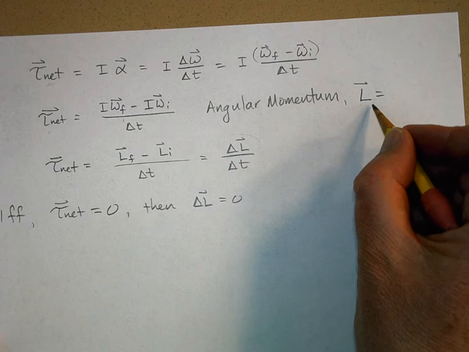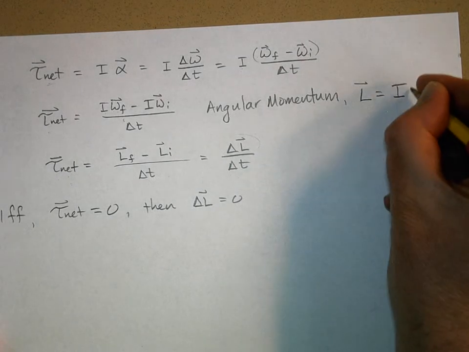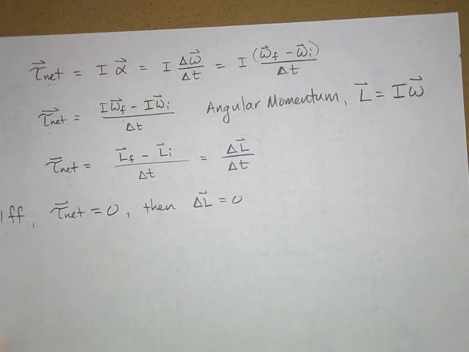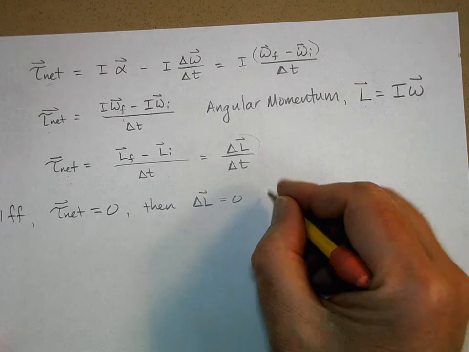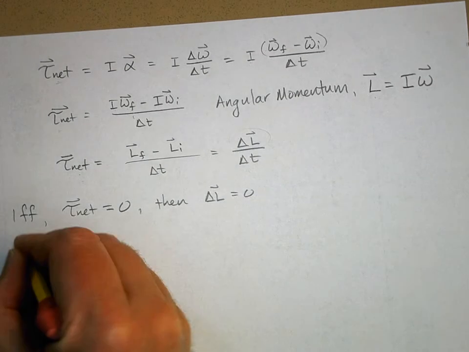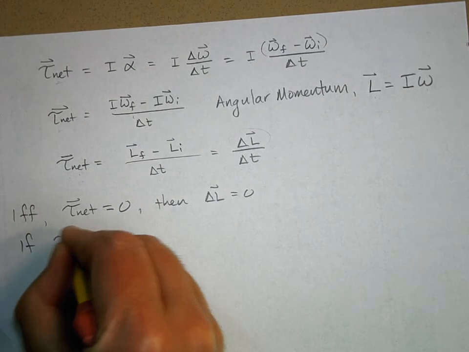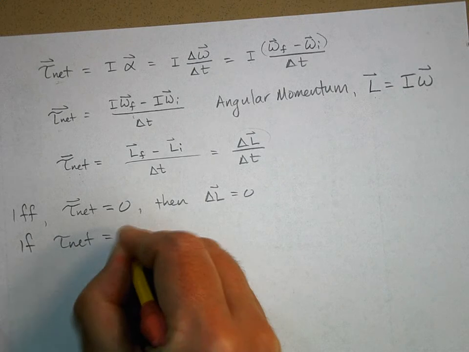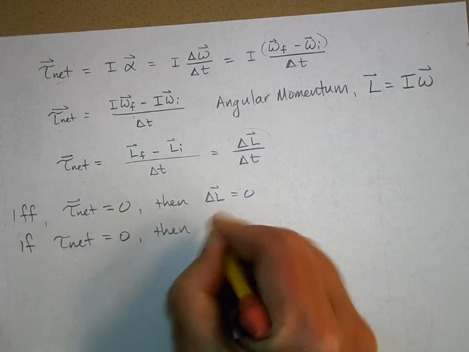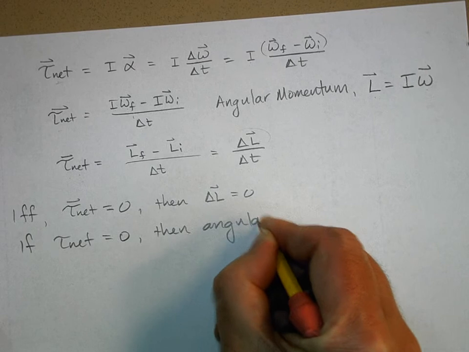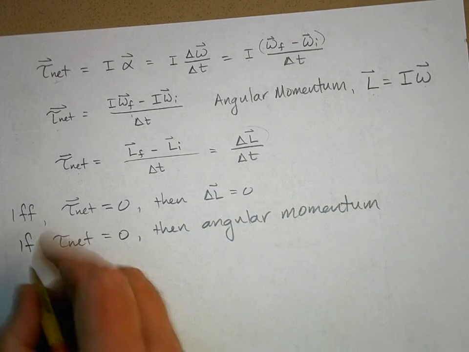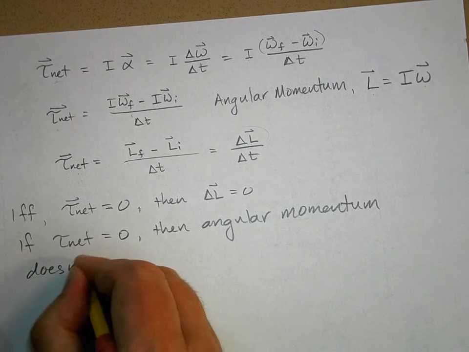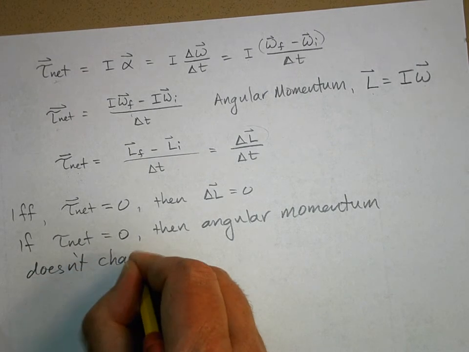L is equal to I times omega, the rotational inertia times the angular velocity. Now this quantity, in other words, if the net torque equals 0, then angular momentum doesn't change over time.